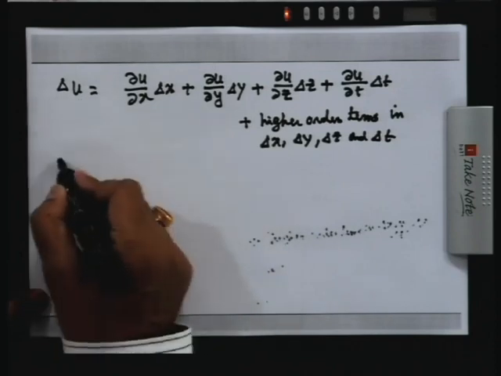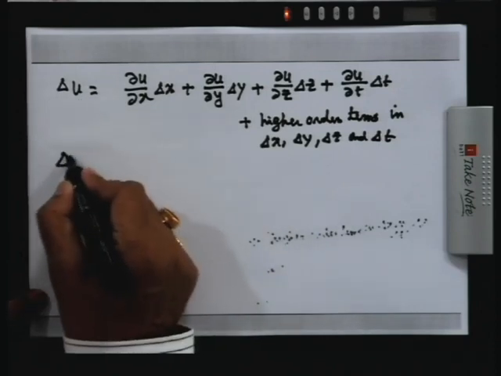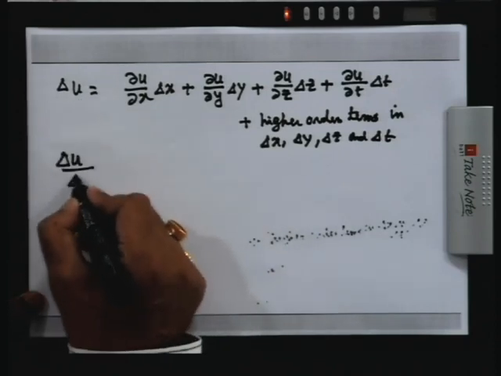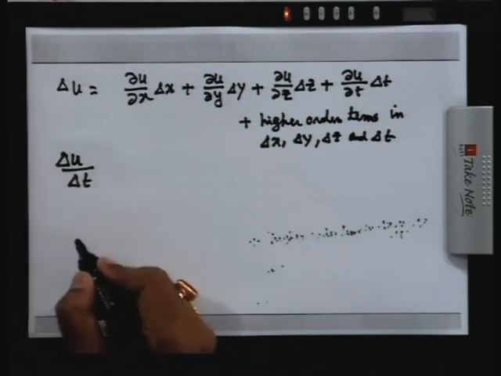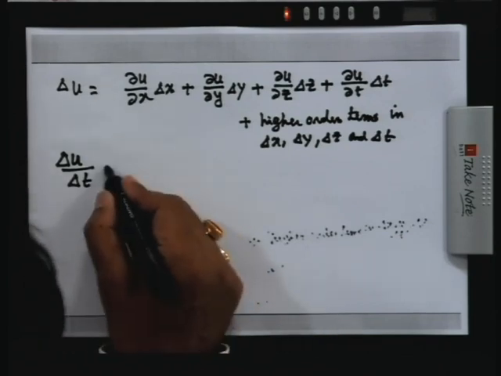Now, if we divide this by del t, then what will that be?